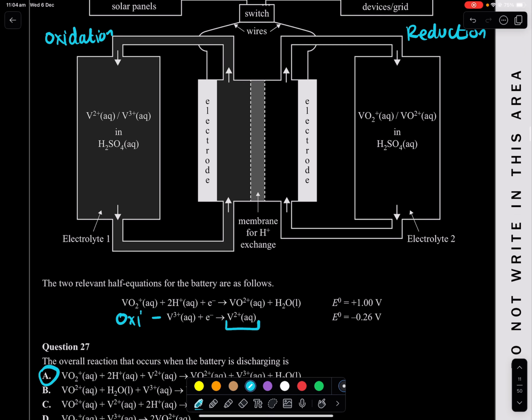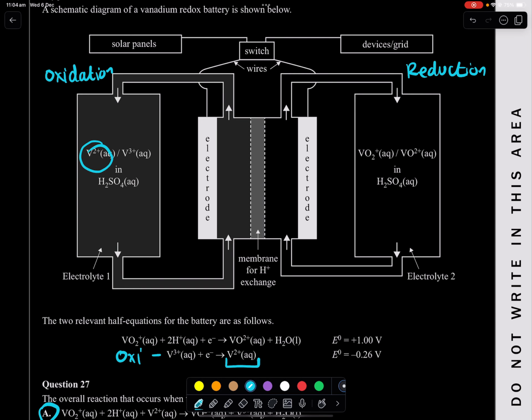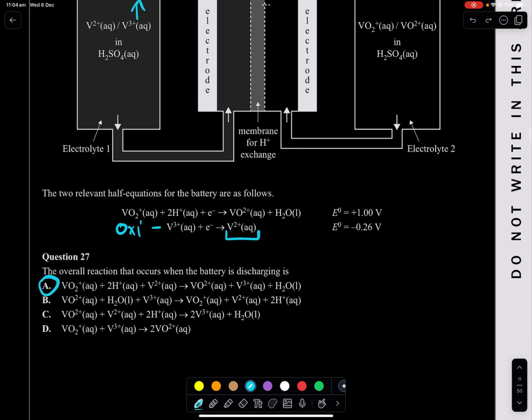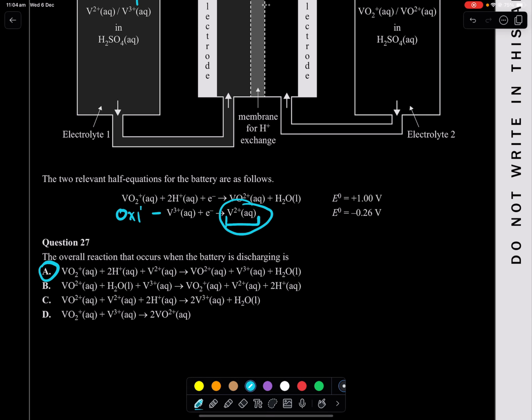So V2 plus is oxidizing to V3 plus. What's happening is this V2 plus is making V3 plus ions. But because we're on the oxidation part here, when this is making all that V3 plus, this is also going to go through oxidation.